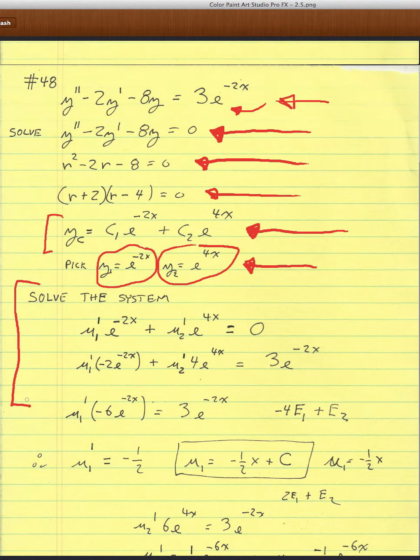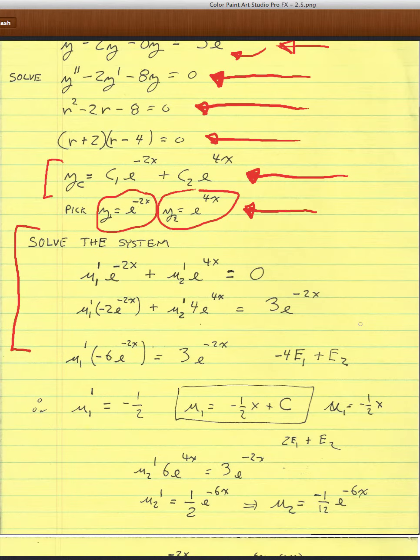Okay. And if you're following through the text, these calculations help us to arrive at the following situation. We have a solution u1 and u2, and we know that the derivative of u1 times our function y1, which is e^(-2x), plus the derivative of u2 times e^(4x), must be equal to 0.